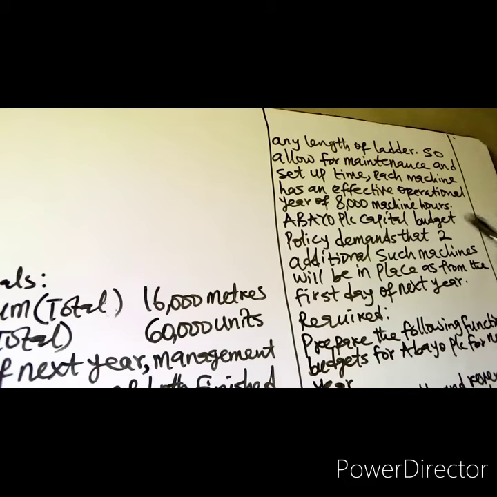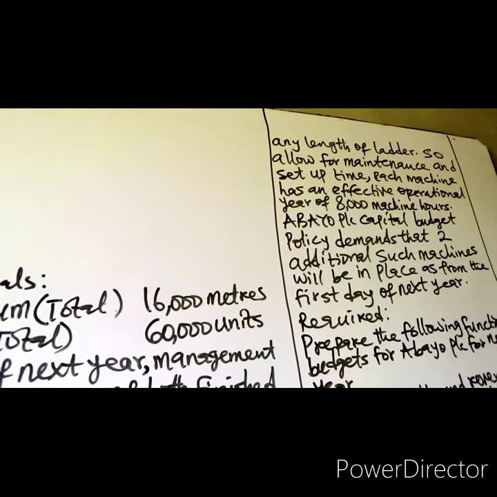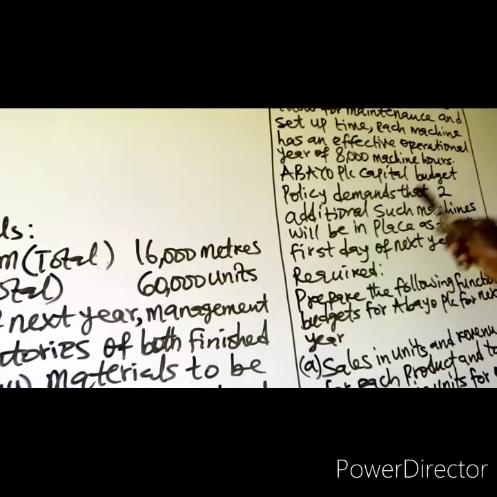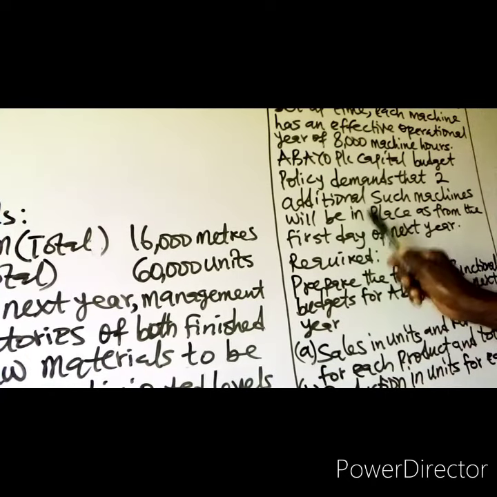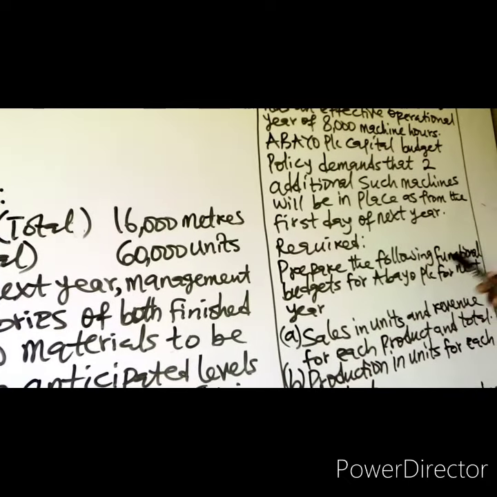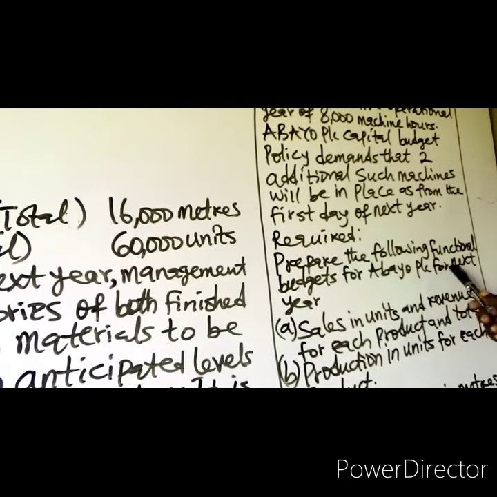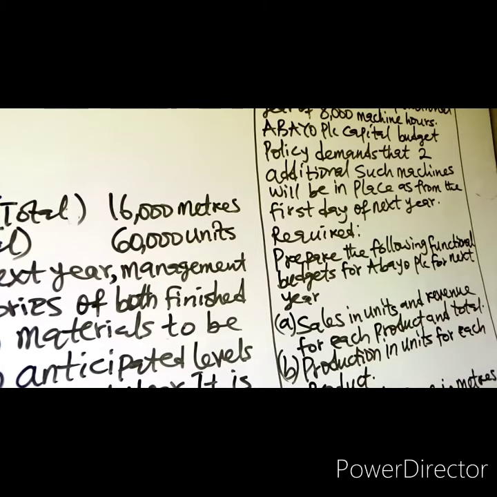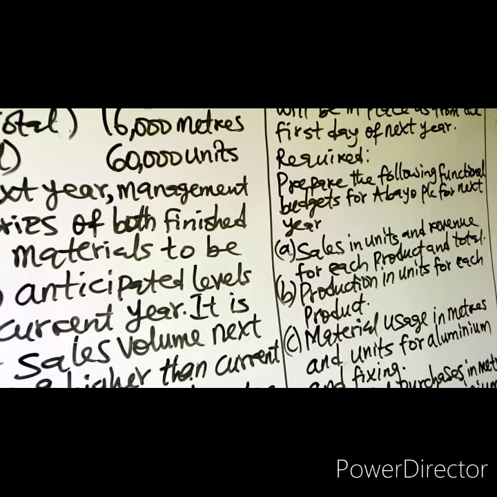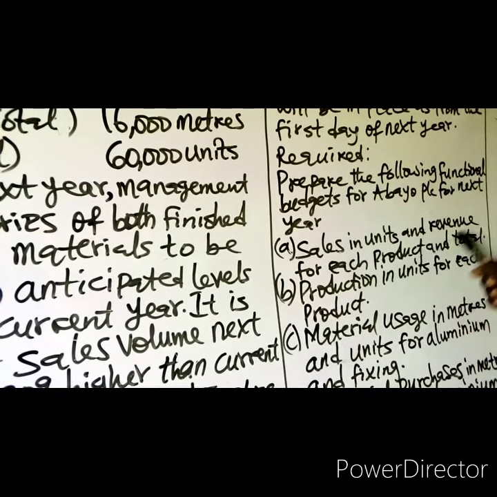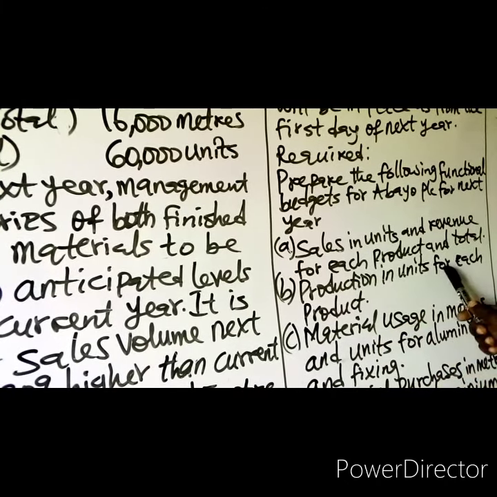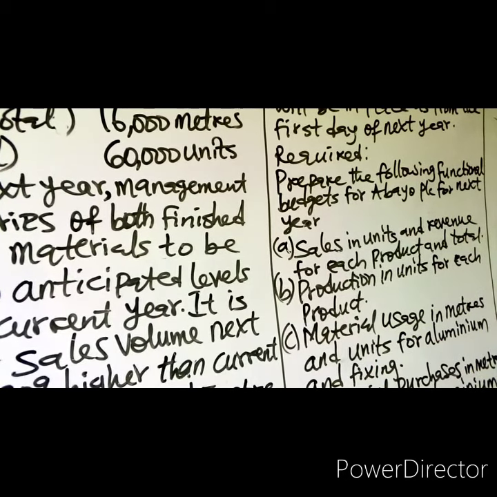Abayo PLC's capital budget policy demands that two additional such machines will be in place from the first day of next year. Required: prepare the following functional budgets for Abayo PLC for next year. A. Sales in units and revenue for each product and total. B. Production in units for each product.